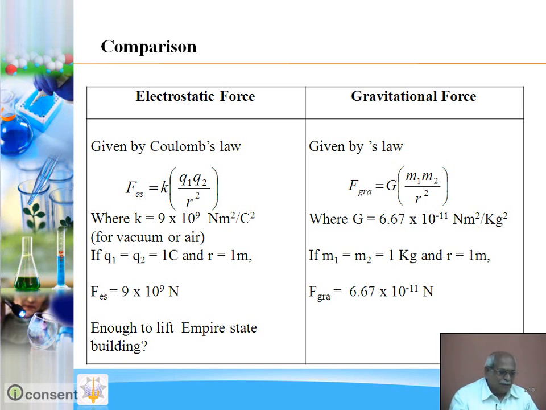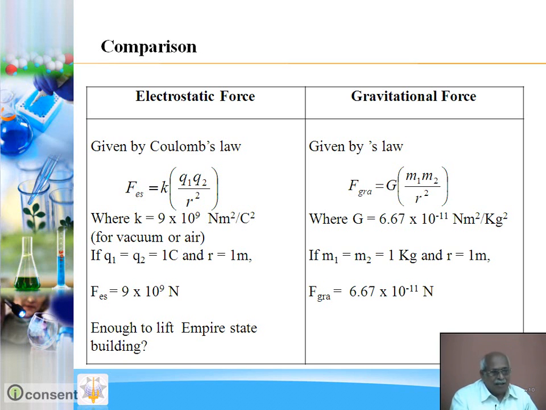Now today there are many other taller buildings, but just for comparison, this 9 into 10 raised to 9 Newton force will be enough to lift the entire Empire State Building. See how huge is the force between two charges, each 1 coulomb separated by 1 meter distance.